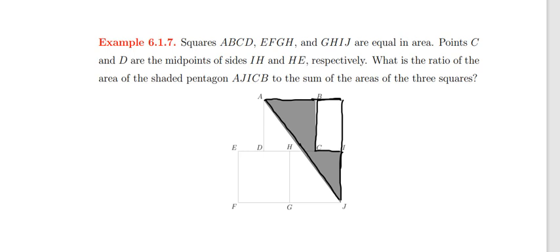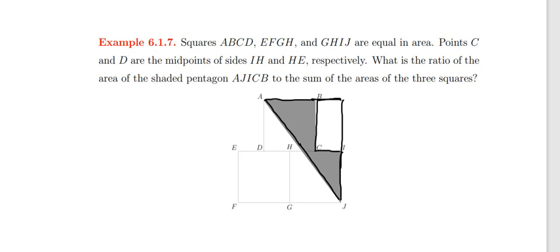Let's say ABCD is a square, EFGH is a square, and this is also a square, GHIJ. Points C and D are in here.